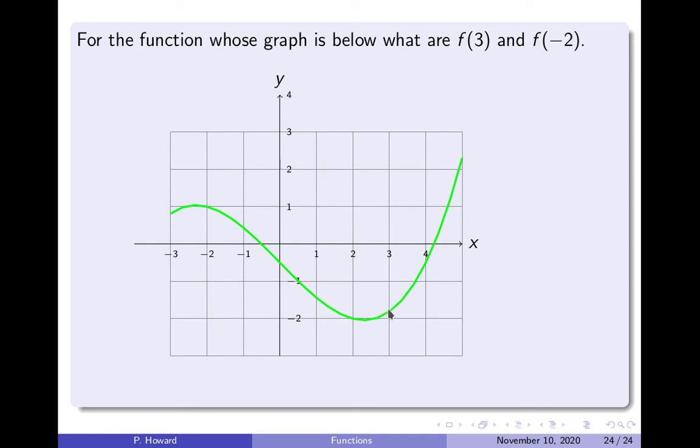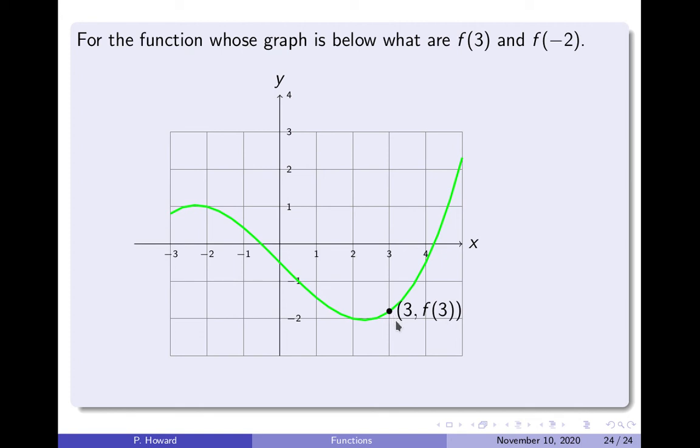So this place where I have my cursor is the point on the graph directly below 3, and the distance from 3 on the x-axis to that point on the graph will be f of 3. And it will be negative because the graph is below the x-axis. So this point is the point with coordinates 3, f of 3.